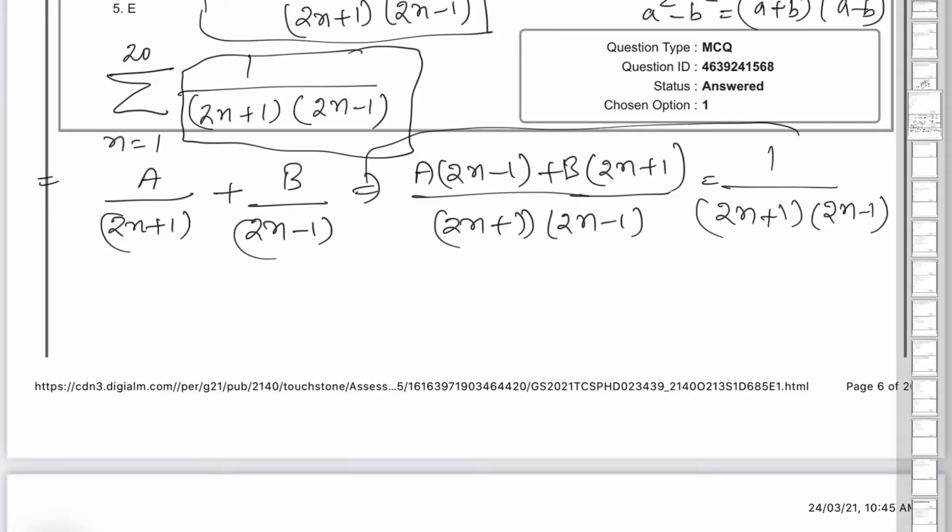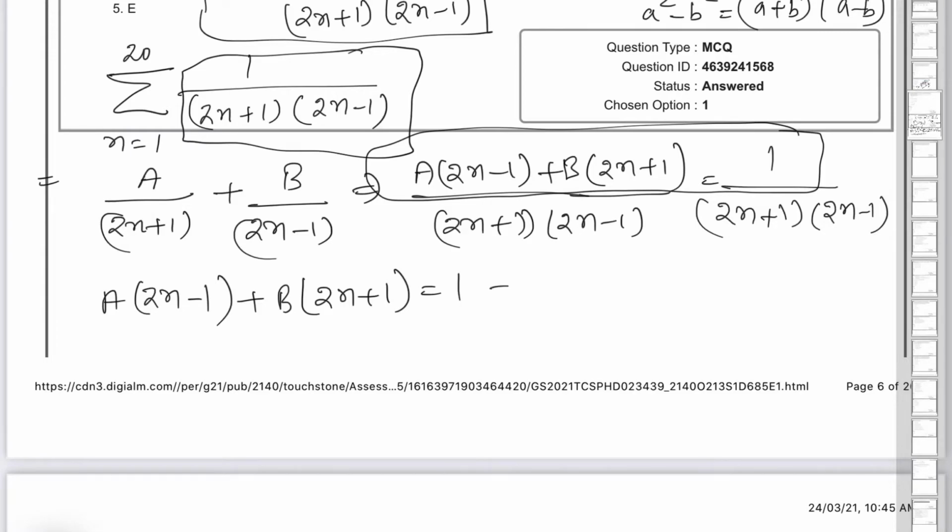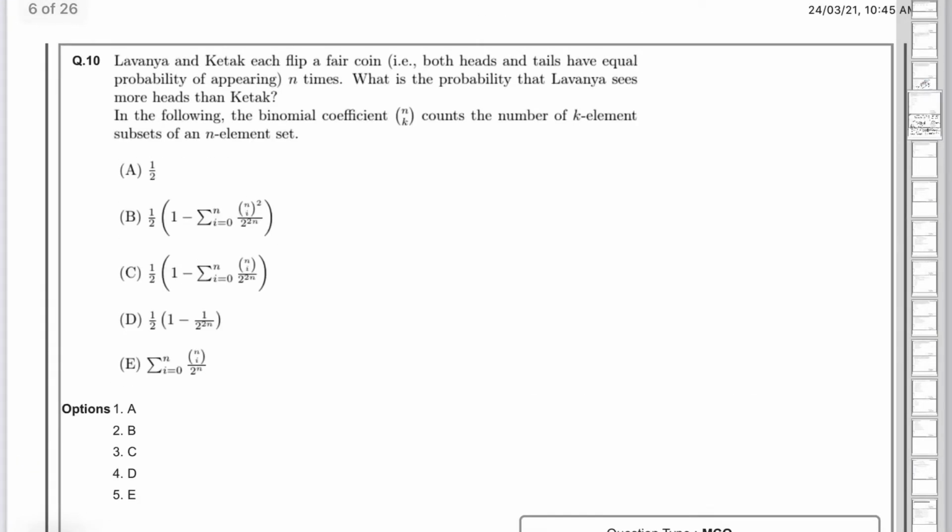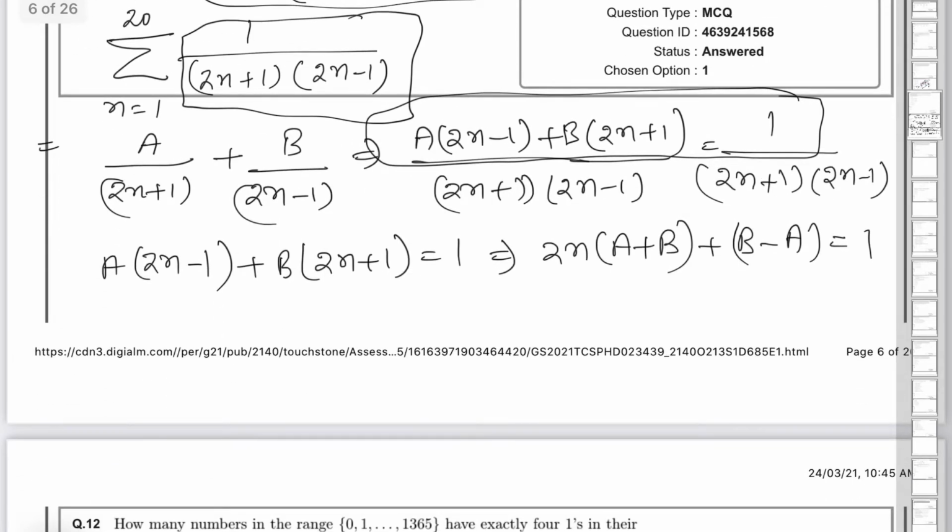So by equating, I can say that a into (2n minus 1) plus b into (2n plus 1) is equal to 1. That means 2n into (a plus b) plus (b minus a) is actually equal to 1, which you can write as 1 plus 0 into n.